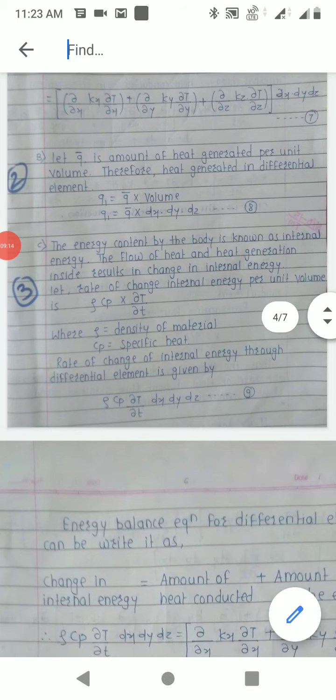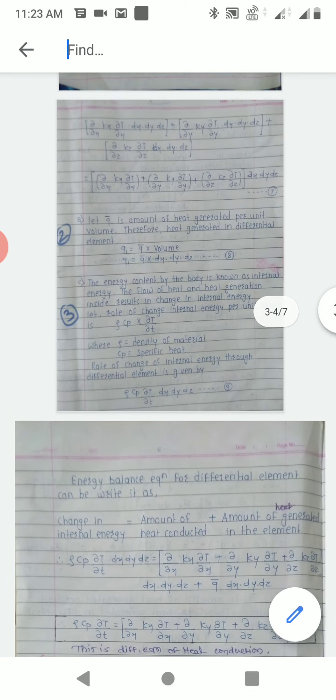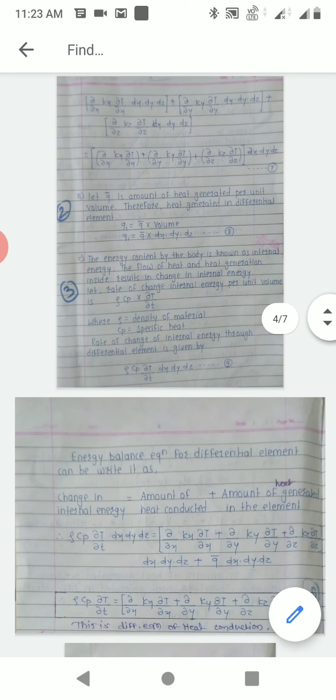In the next step, we apply the energy balance equation for the element. We know that energy can neither be created nor destroyed, so whatever energy is flowing in plus whatever energy is generated equals the change in internal energy. So we equate equation number 7, equation number 8 and equation number 9.